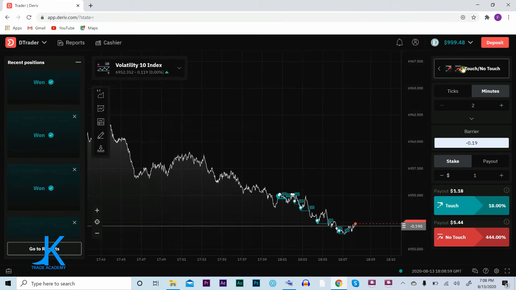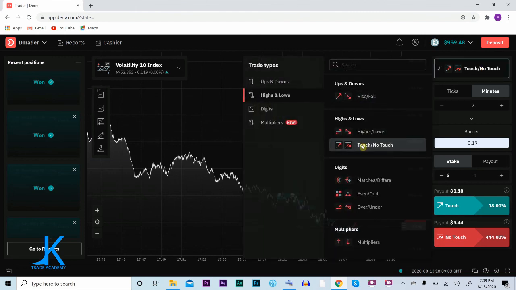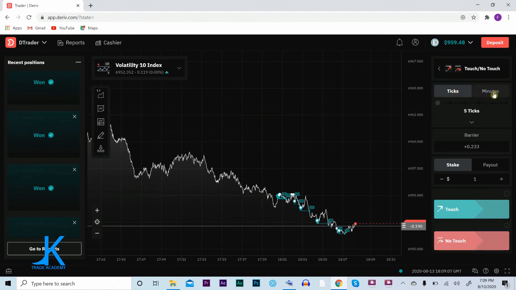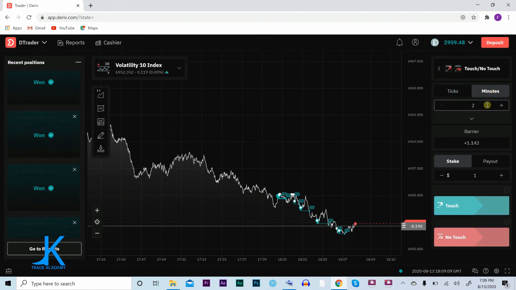Then you set it to touch and no touch. For your 10 volatility, you change it from ticks to minutes. You set your minutes to 2 minutes. Your barrier, you set to minus 19, and you choose the kind of stake you want to use.